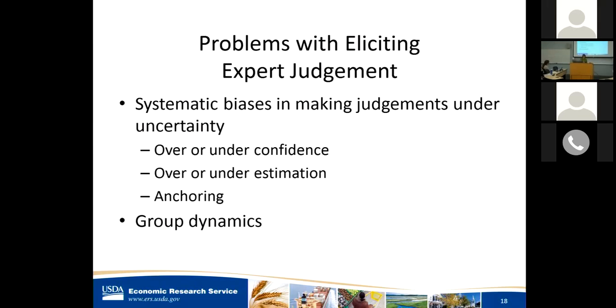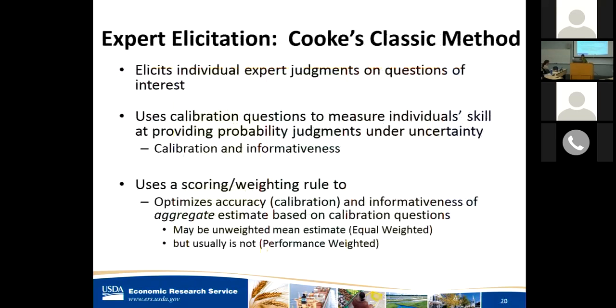This is seen a lot. A lot of this work came out of focus groups and how group decision making goes on. So there are problems of group dynamics that have to be taken into account. As a result, a number of methods have been developed to deal with those problems in human judgments under uncertainty.